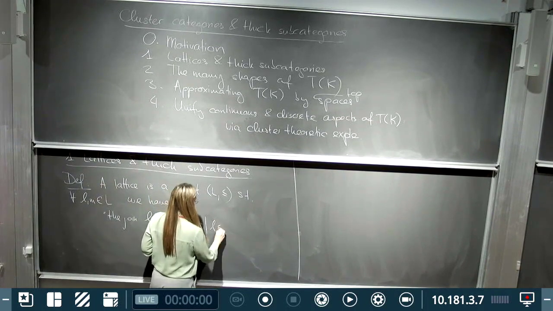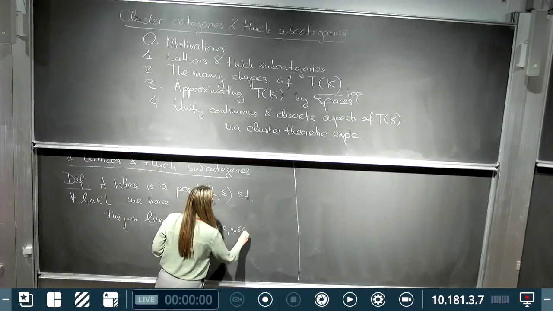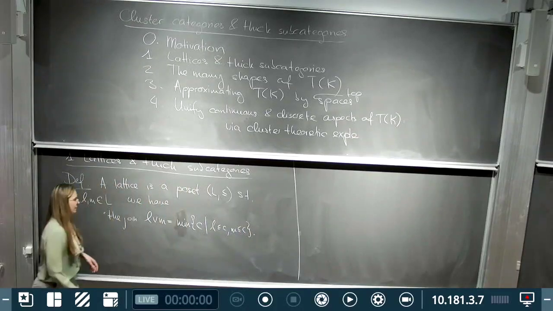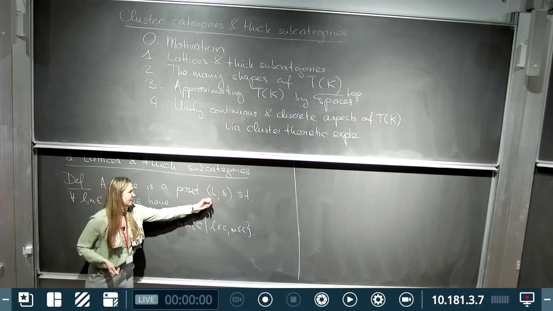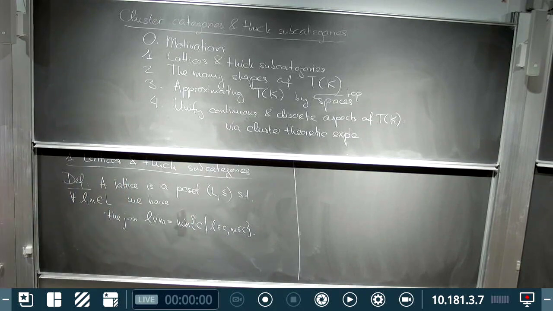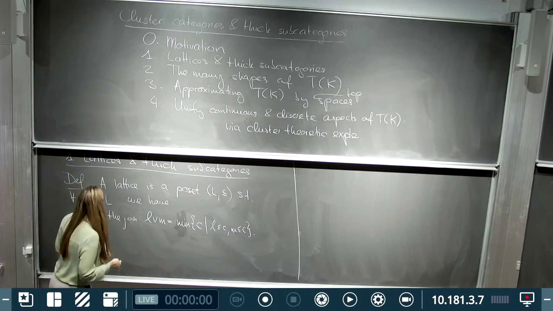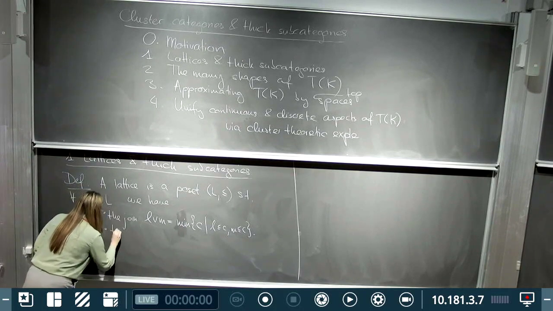L is smaller or equal to C, and M is smaller or equal to C. Right? So that's the same as saying that this poset, as a category, has binary coproducts.